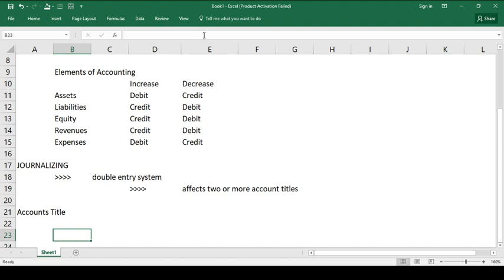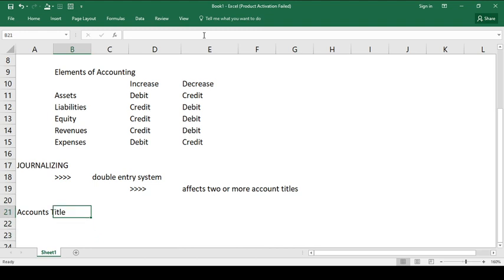On equity, it will depend on the business structure. Kasi pag sole proprietorship yan, simply the name of the owner is an account title already. And then for revenues, kung service concern yan, the service revenue is an account title.